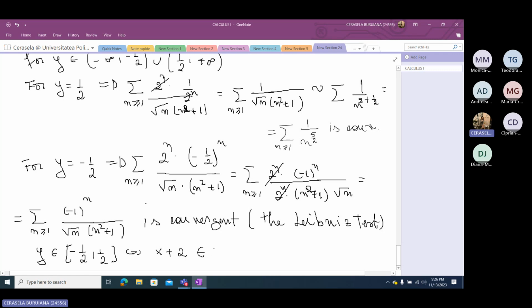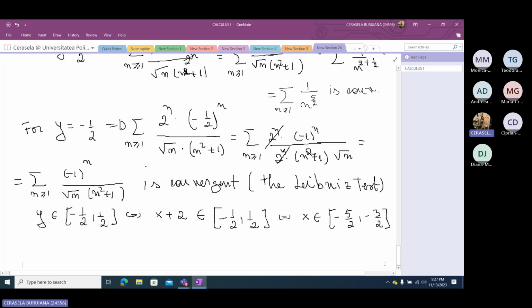So x plus 2 is in the interval minus 1 over 2, 1 over 2, which is equivalent to x being in the interval: minus 1 over 2 minus 2, which is minus 5 over 2, and 1 over 2 minus 2, which is minus 3 over 2.